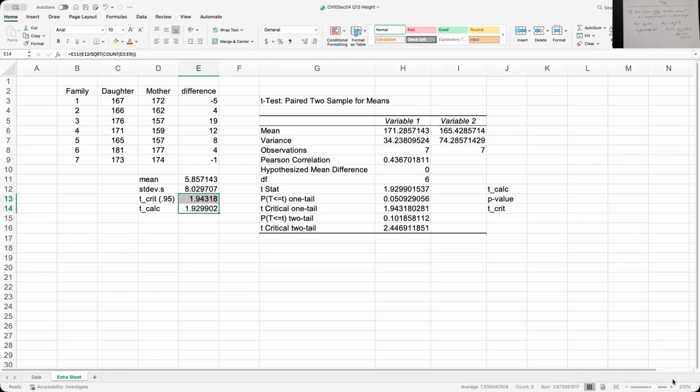From the t-values, how do I know whether or not I'm in the rejection zone? We have to see t critical and t calculated, which are right there. T critical is bigger than t cal. Am I in the rejection zone? There's a picture.